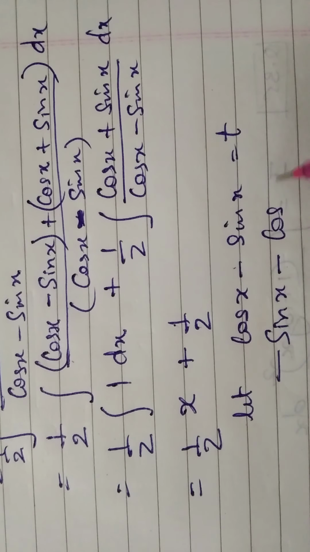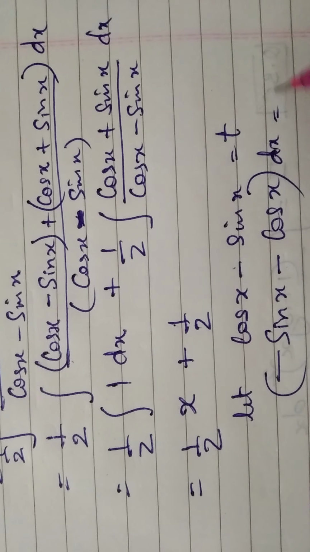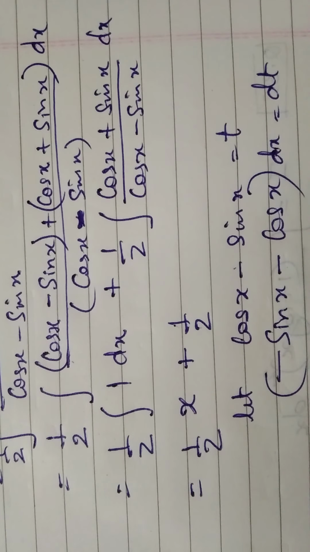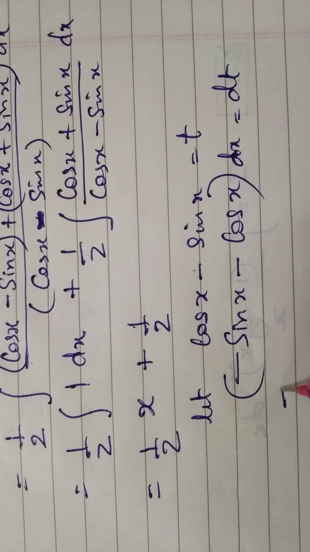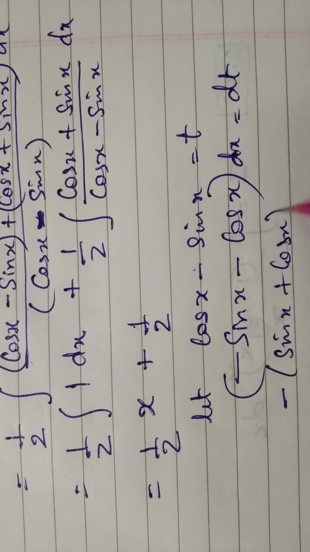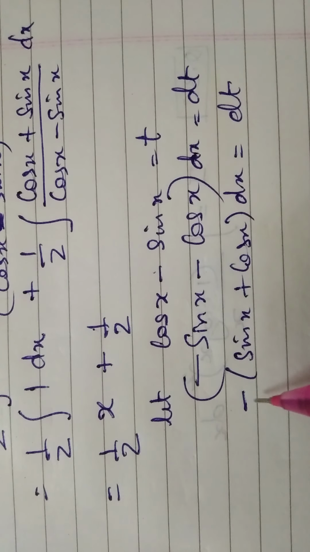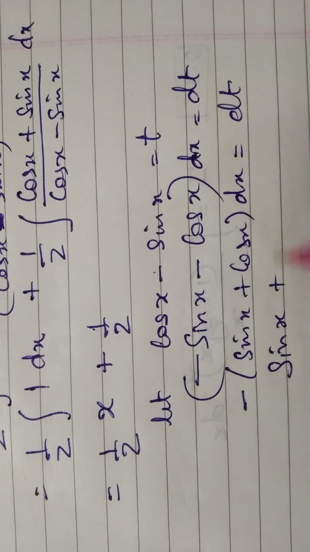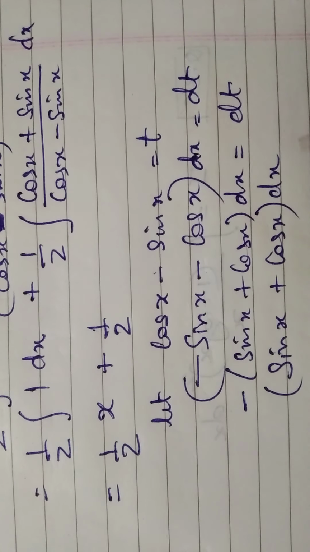Sine's differentiation is cos x, and the whole thing into dx is dt. Let me take the minus sign common. So in the bracket I have now sin x plus cos x into dx is equal to dt. This minus sign I transfer to the other side. So I have sin x plus cos x into dx is equal to minus dt.